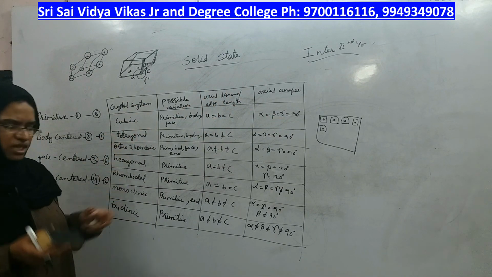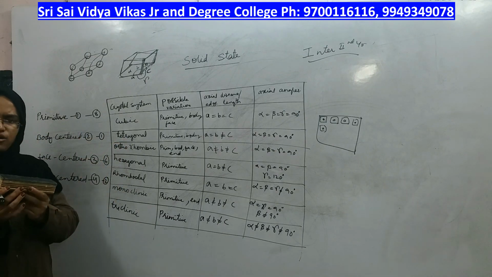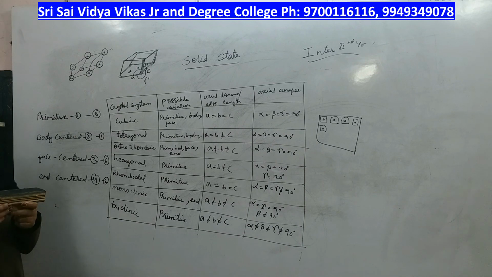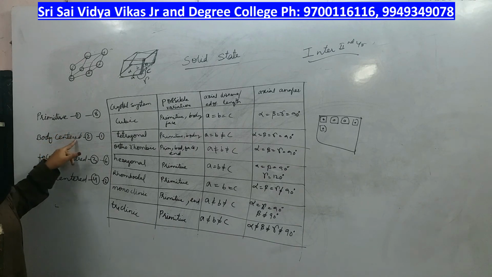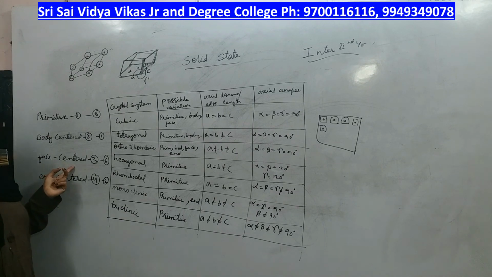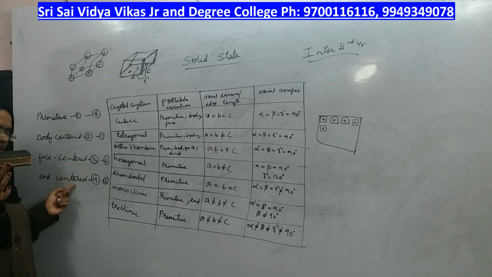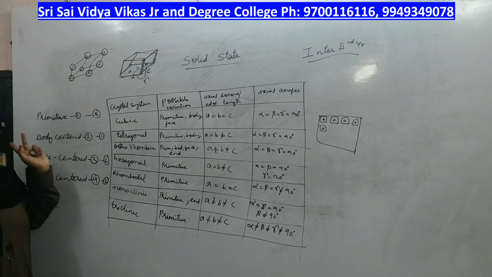Coming to the next shape of this kind, tetragonal. In tetragonal arrangement, the unit cell can exist, apart from primitive, only in the form of body centered. This cannot have a face centered arrangement, cannot have an end centered, it can only have body centered along with primitive, right.